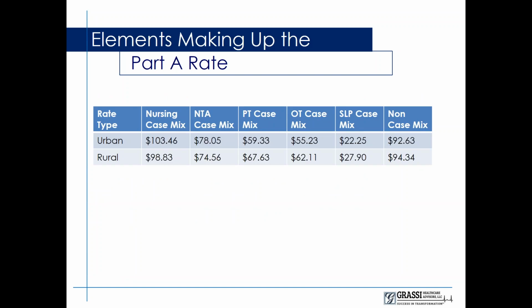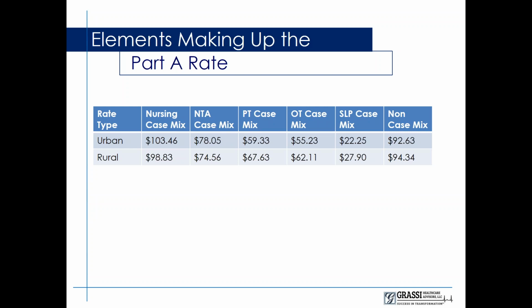Here's an example of how you have the 6 categories that all add up to what the total rate is for the patient. So you have the nursing case mix, the non-therapy, the PT case mix, OT, speech, and the case mix, the standard one for room and board. So what you do is you go across and add those.